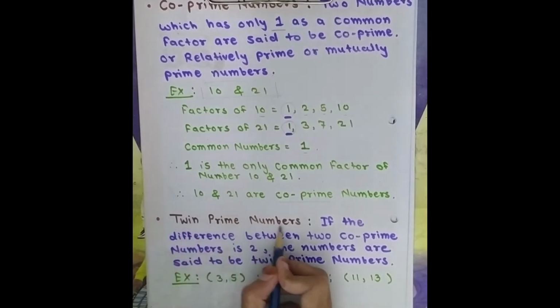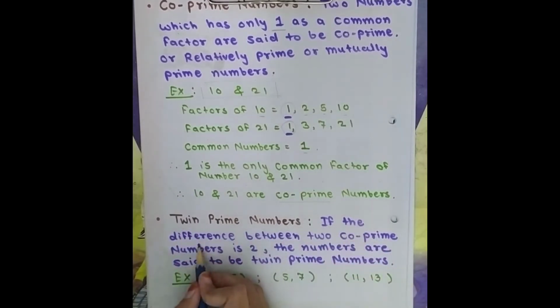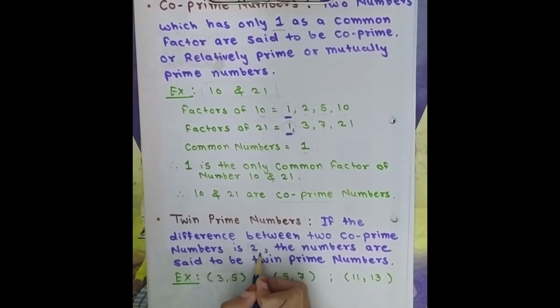Next is twin prime numbers. If the difference between two prime numbers is 2, the numbers are said to be twin prime numbers. Now look, 3 and 5, these two are prime numbers, and the difference between these two is 5 minus 3, which is 2.